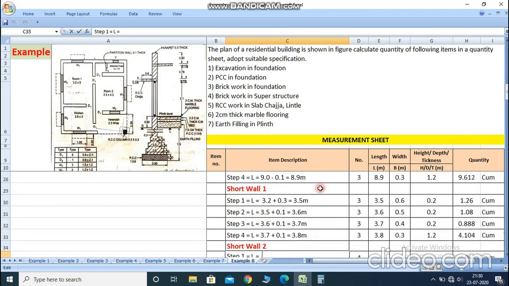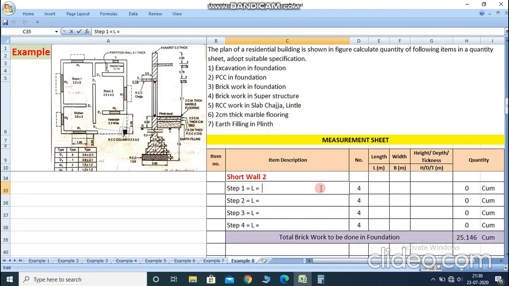So right here, 2.9 plus the difference between 0.9 and 0.6, which is 0.3. So the answer is 2.9 plus 0.3, which is 3.2 meter. Clear?